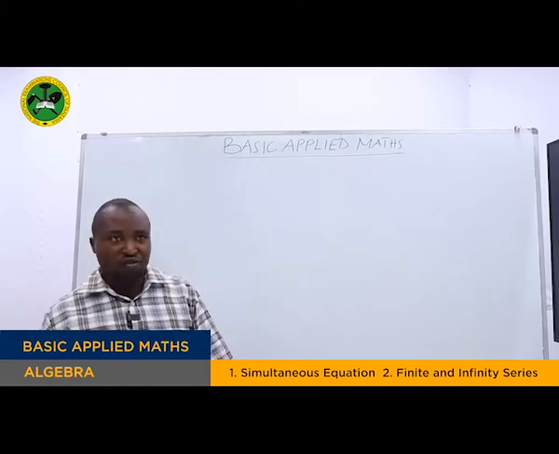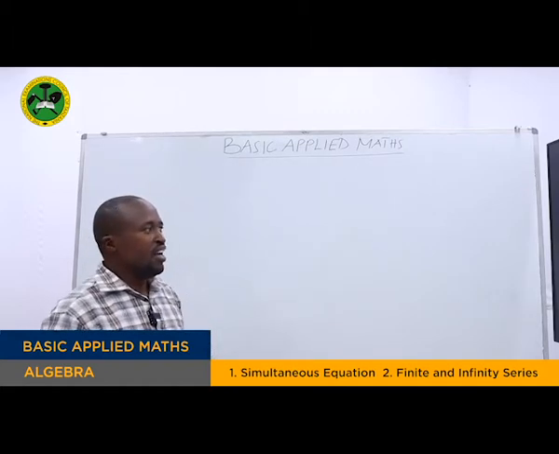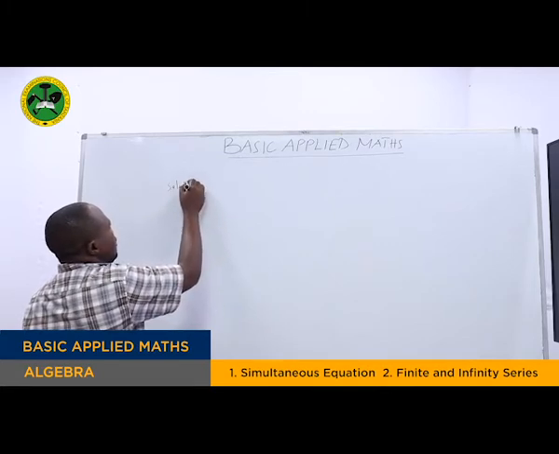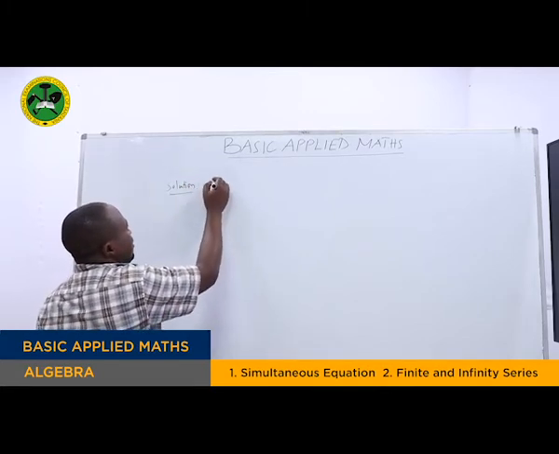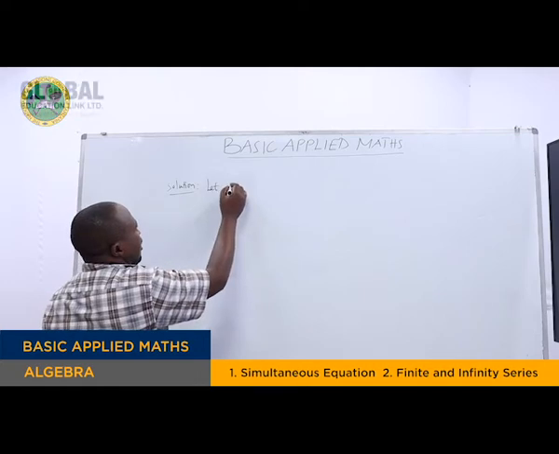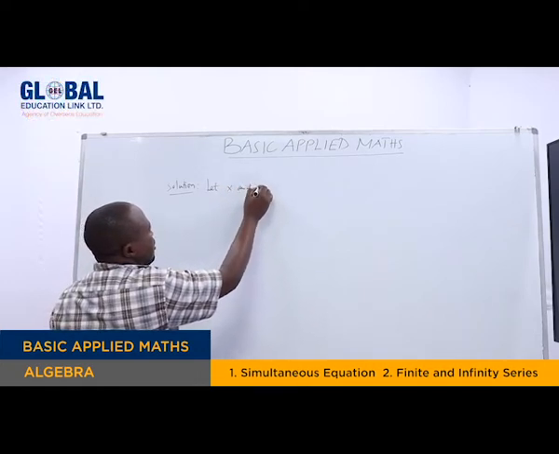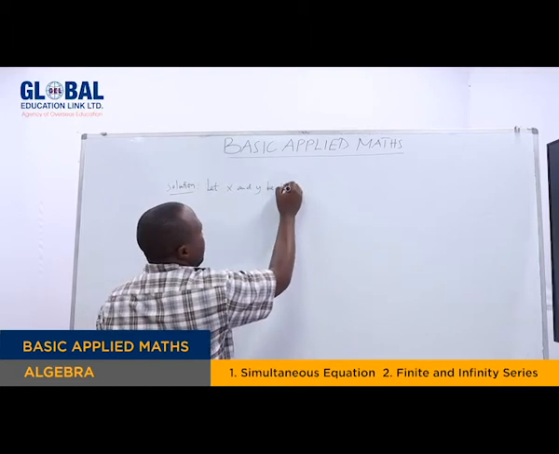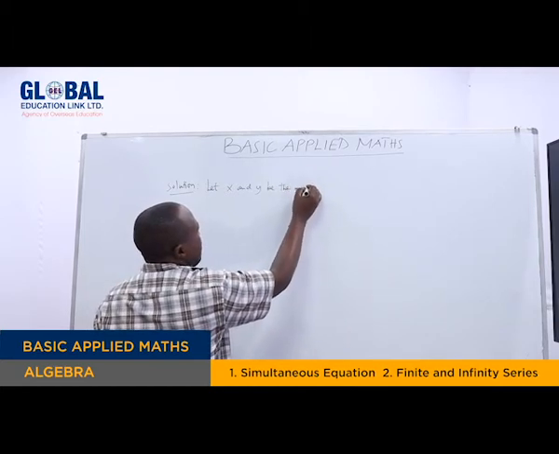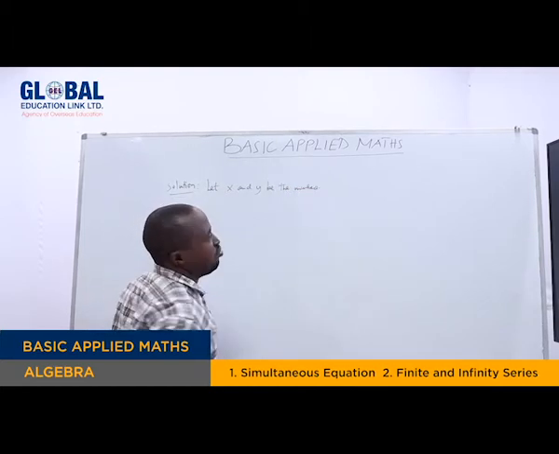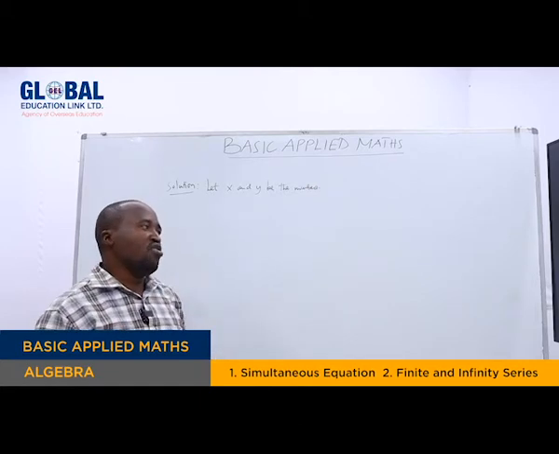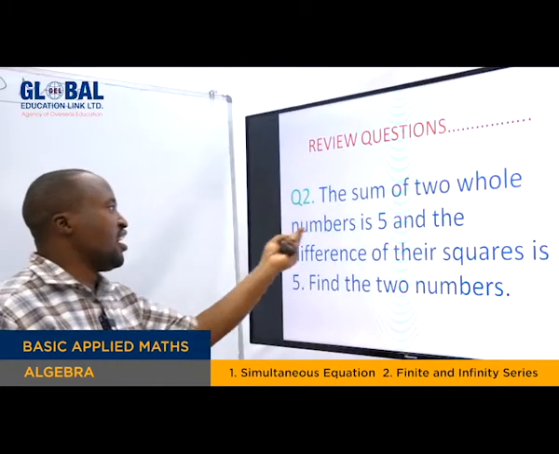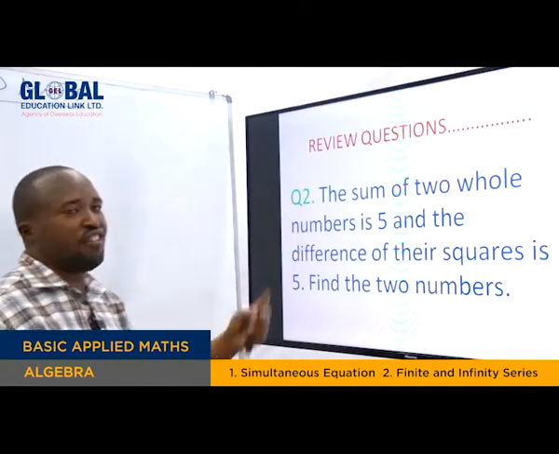Now the first step, we have to interpret the question. Of course, this is the solution. Just say let x and y be the numbers, because the numbers are unknown, and we have two numbers. Now the question says the sum of two whole numbers is 5.